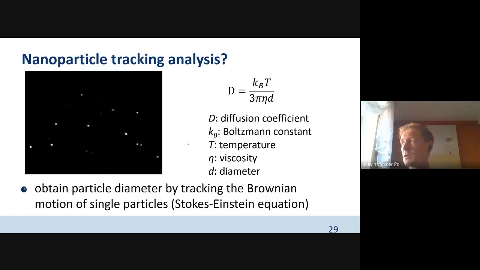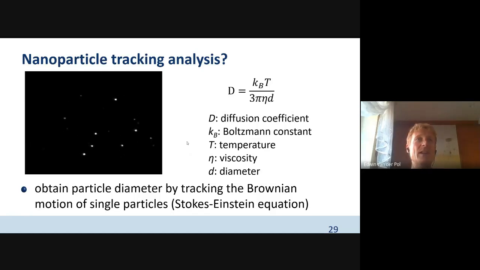Now, most fluorescent labels would bleach if you illuminate them with this high intensity laser. So you cannot track them for several seconds, because the fluorescent dye gets damaged after about half a second or something.